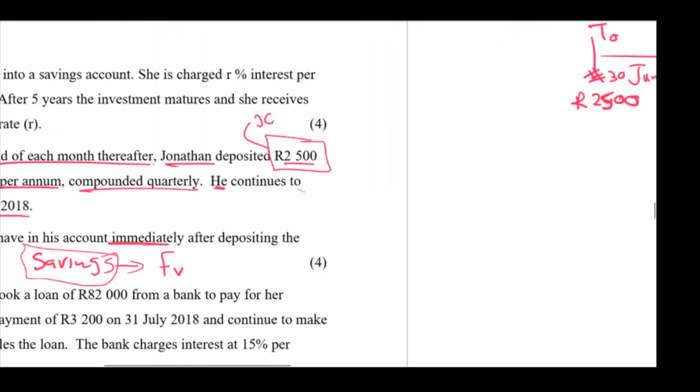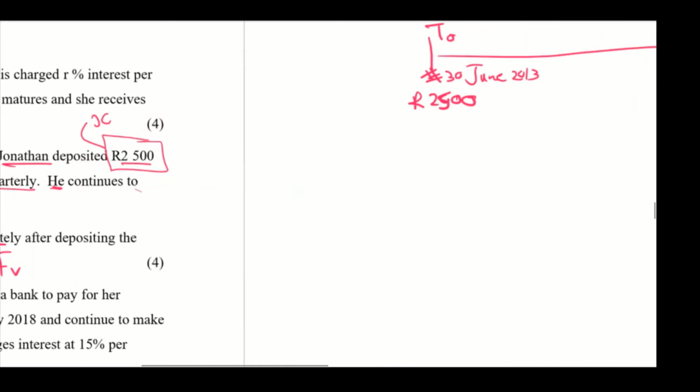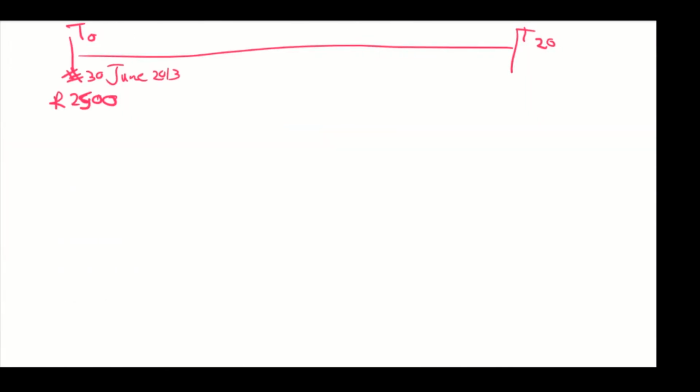Why am I saying T20? Remember that it's from 2013 up until 2018, right? Simply do the math. It's 5 years, right? And remember that our interest rate of 6% is compounded quarterly, right?